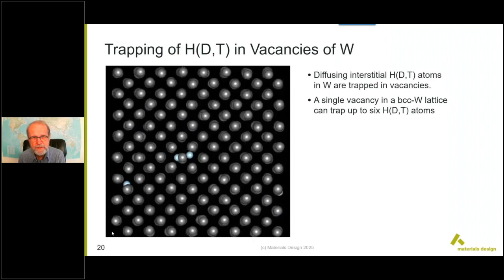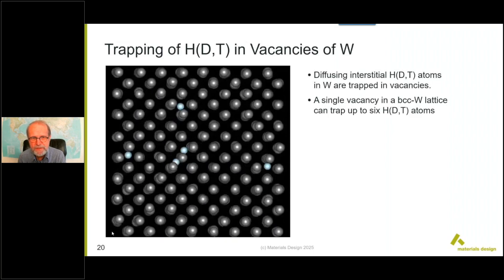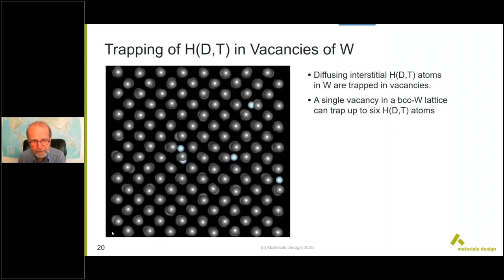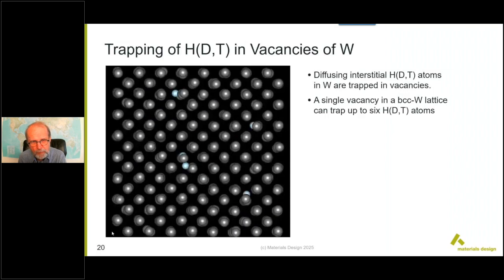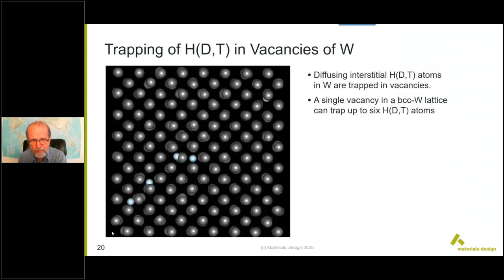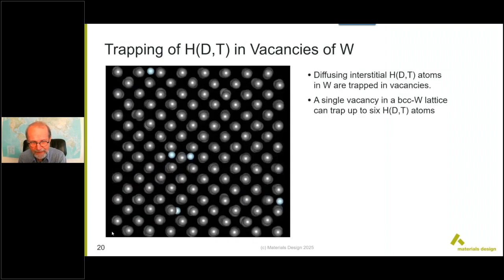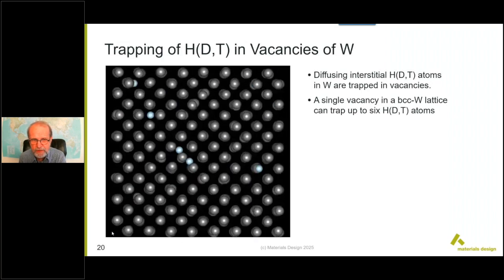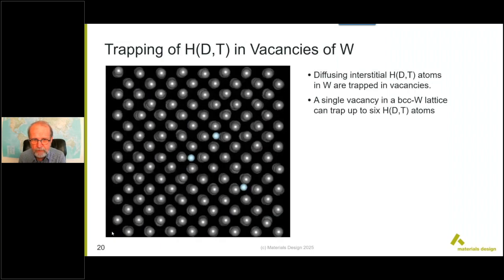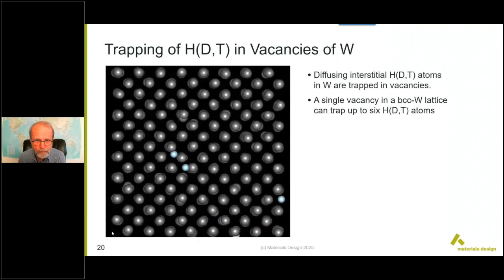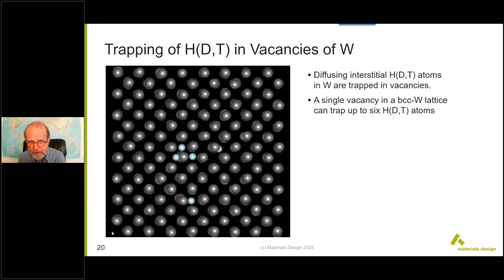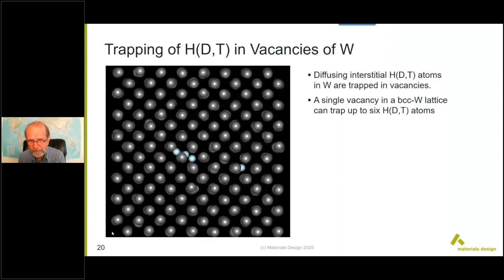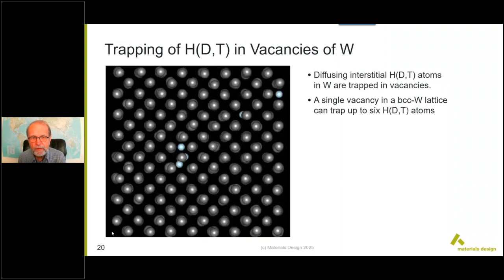Here the model is: you take bulk tungsten and then you put in this box 5 hydrogen atoms, and there's one tungsten vacancy in the system. And as you can see, the hydrogen atoms diffuse very, very rapidly. The temperature here is 1,300 K, so it's very hot.